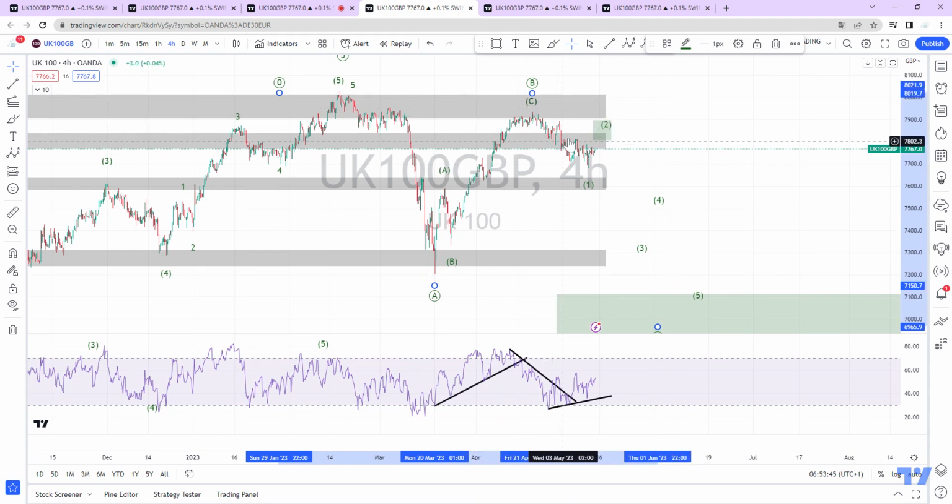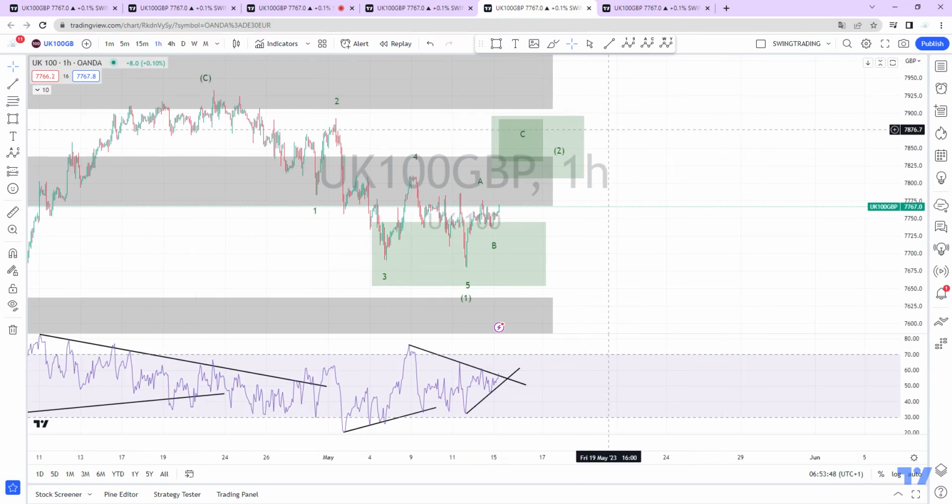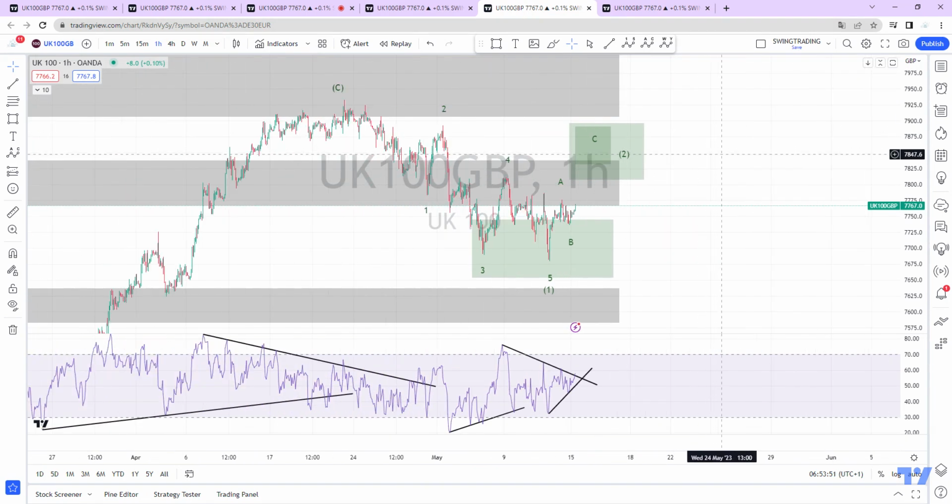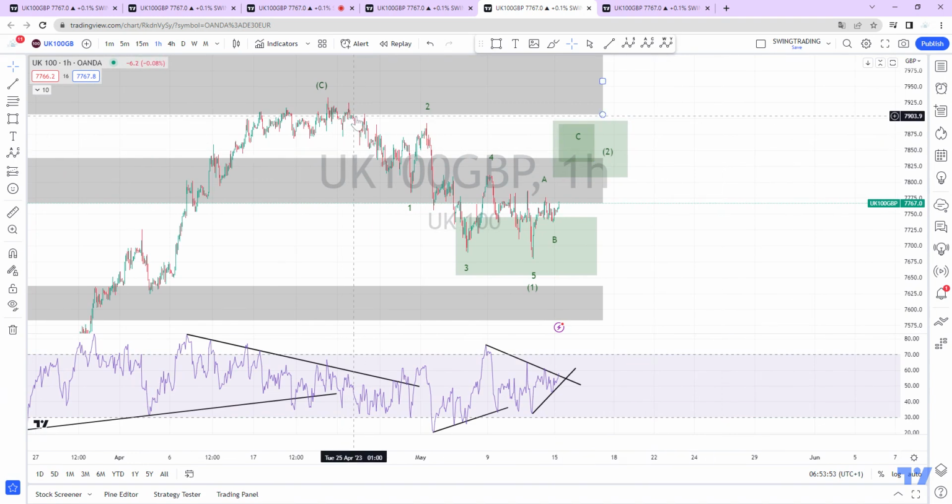If we further zoom in to the 1 hour, I think we have our wave one to the downside completed as a leading diagonal. We have 5 waves down, 1, 2, 3, 4, 5, and we end with divergence. So I think this move down is finished for now.